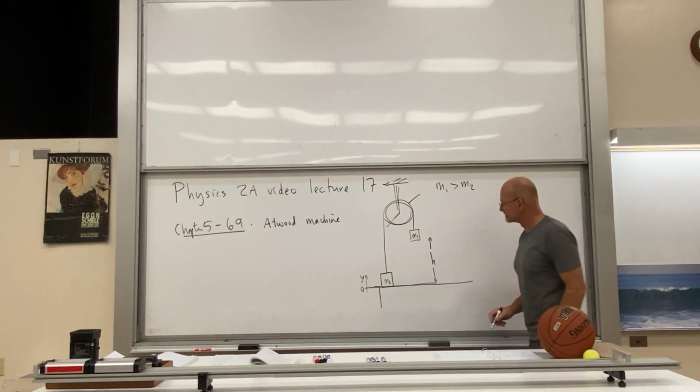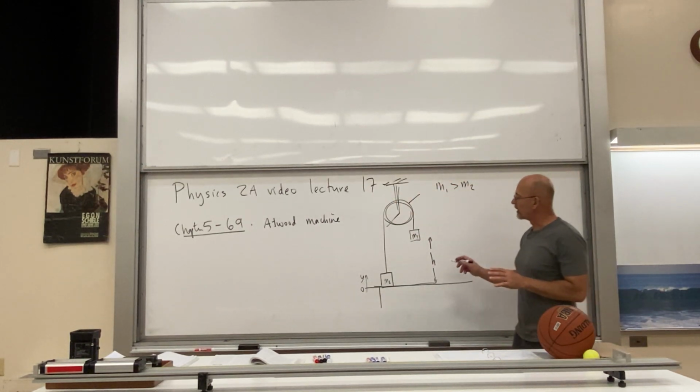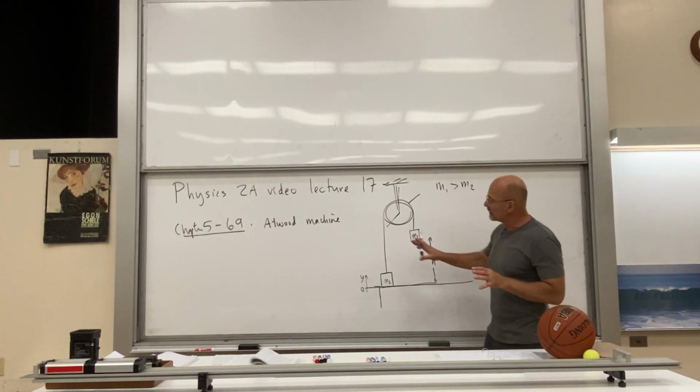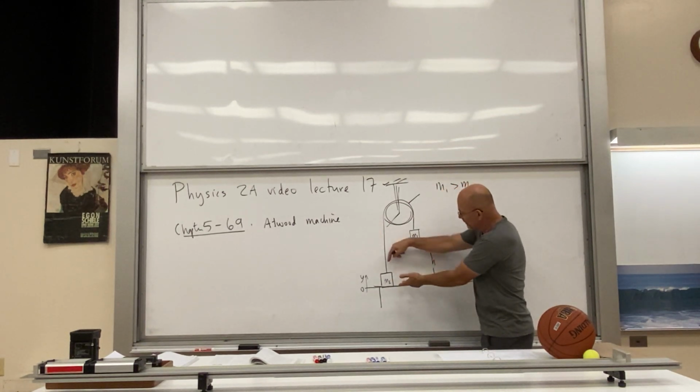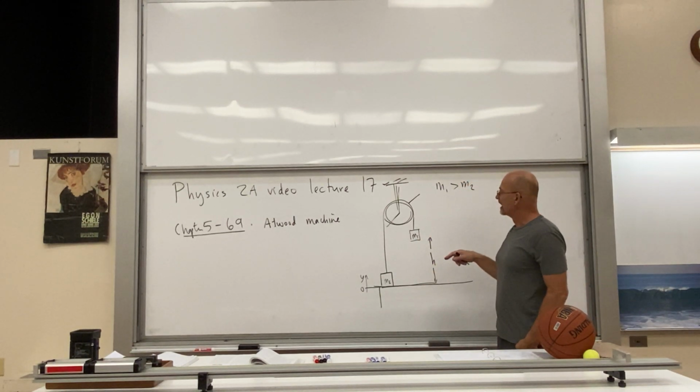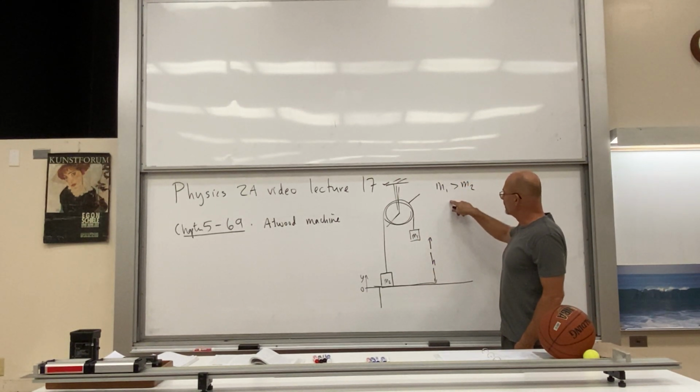We're going to solve this problem using energy. Like I said, we could just use Newton's law on both of these. That's a great exercise in itself, but just using energy is interesting as well.